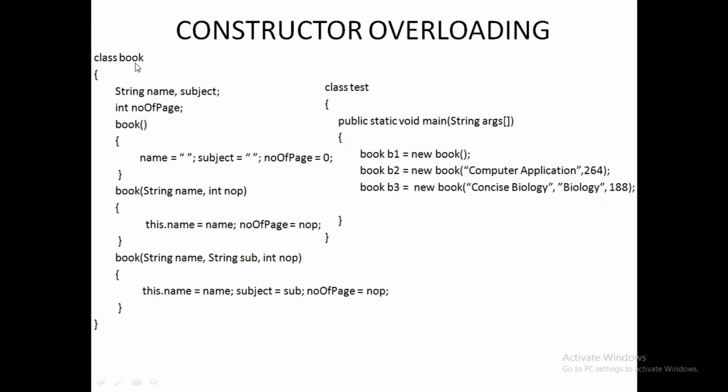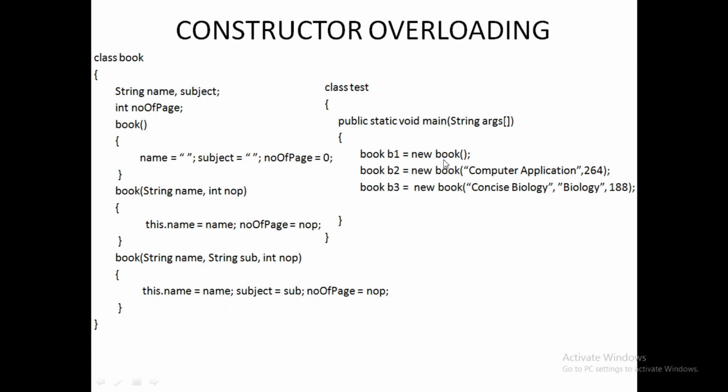Here I have created a book class where three constructors are defined. This book class consists of two instance variables of string data type and one instance variable of int data type. Now here I have created three objects with three versions of constructors.